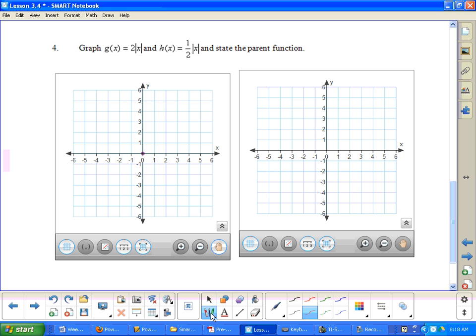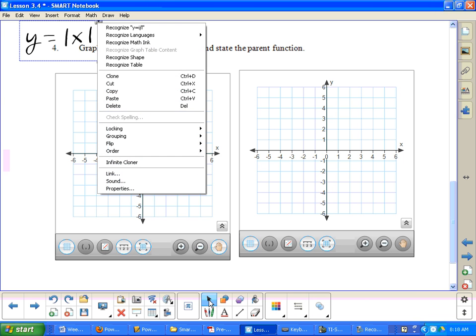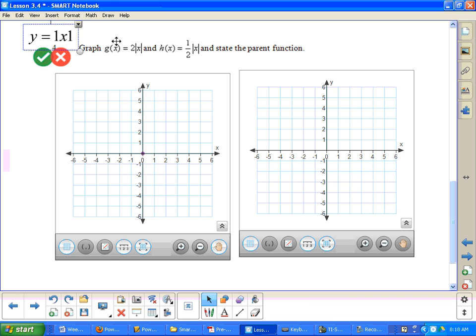So let's see if it'll cooperate with me this morning. So y equals absolute value of x. Let's see if it likes me. Oh, how good is that? Oh, nope, it put 1s. Doggone it. All right, undo that. I don't think it'll do it.